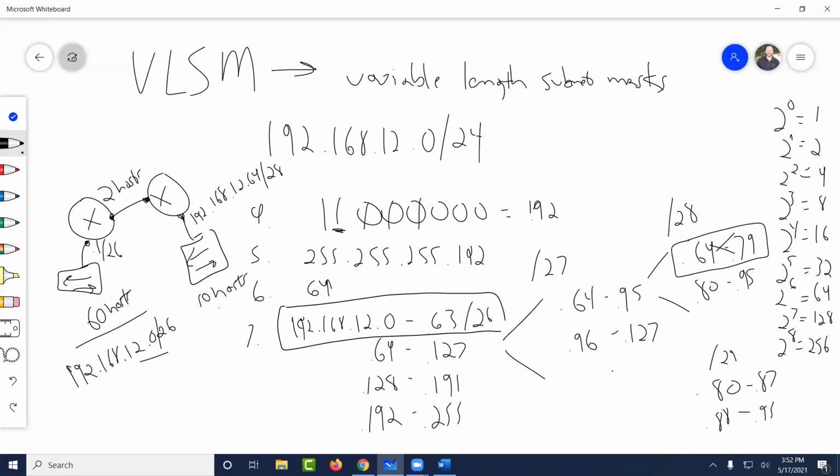I believe that's correct. Nope, that's correct. And then you go all the way down to /30, which would actually be 80 to 83, 84 to 87. Okay, and that would become the network for these 2 hosts.